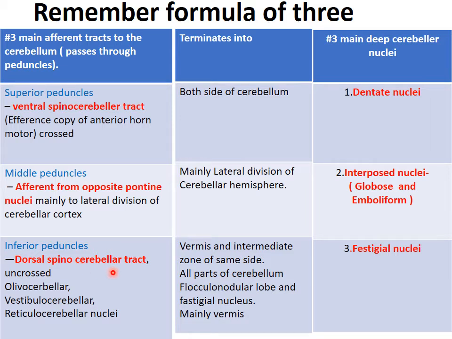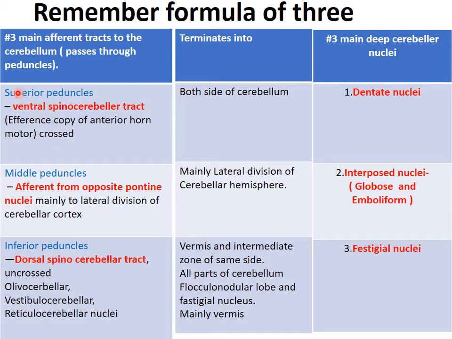When we learned about the ascending tracts, we learned there are 2 spinocerebellar tracts, the dorsal and the ventral. The ventral passes through the superior peduncle, while the dorsal spinocerebellar tract, placed dorsally, passes through the inferior peduncle.